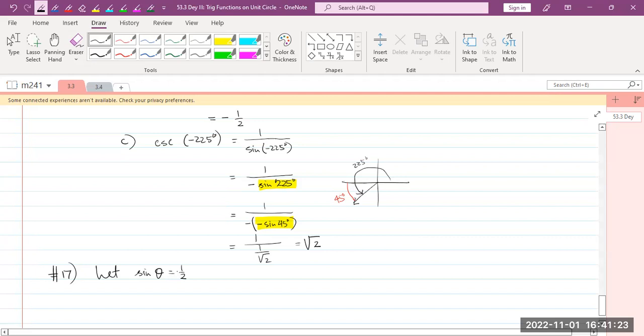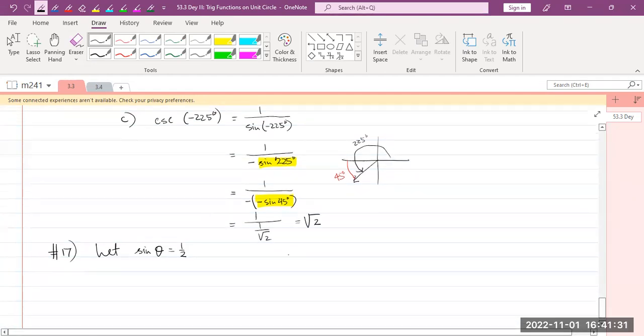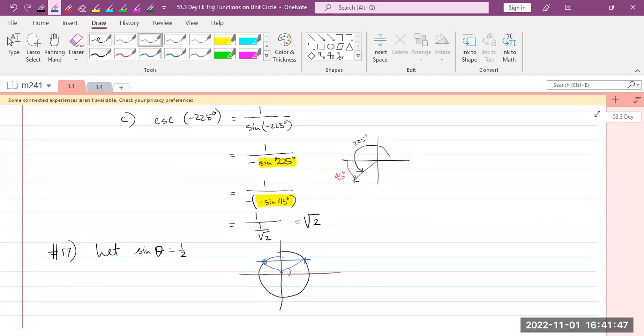Now notice that it doesn't say theta is in quadrant 1. It doesn't say that theta is an acute angle. Okay, so think about in that unit circle, when does the y, which is sine theta, be 1/2? There are 2 angles that correspond to that, right? Okay, take a look at the reference angle first.